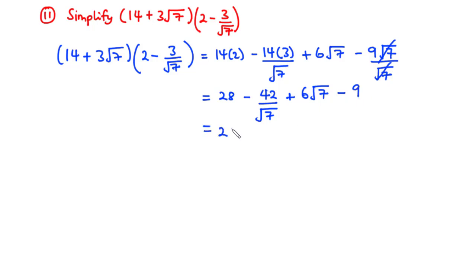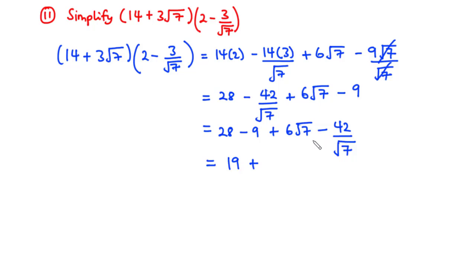So we have 28 minus 9 plus 6 root 7 minus 42 over root 7. Now 28 minus 9 is 19.